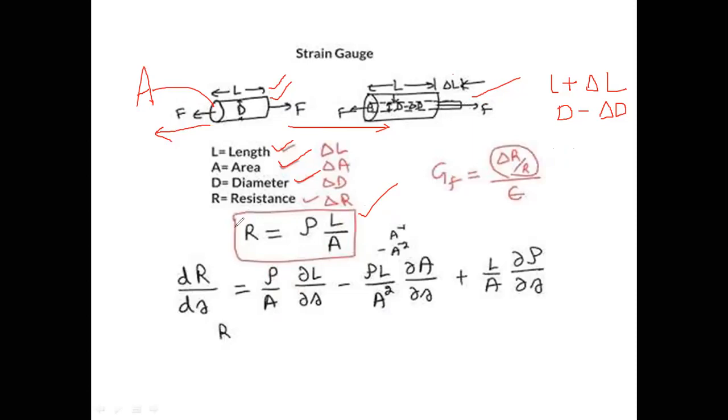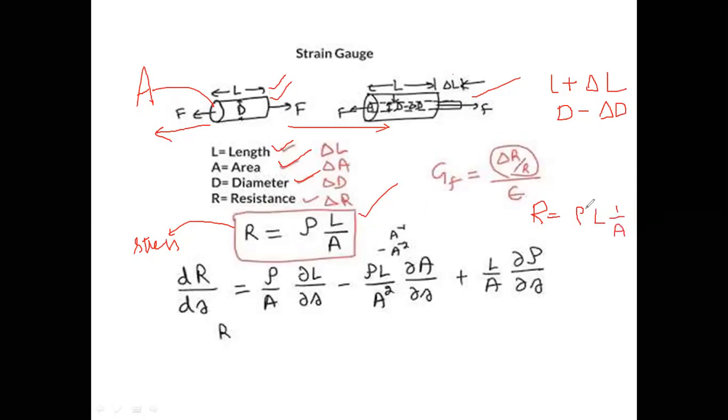So differentiate this equation with respect to stress. I can write this equation as R equal to rho into L into 1 by A. Is it right or wrong?